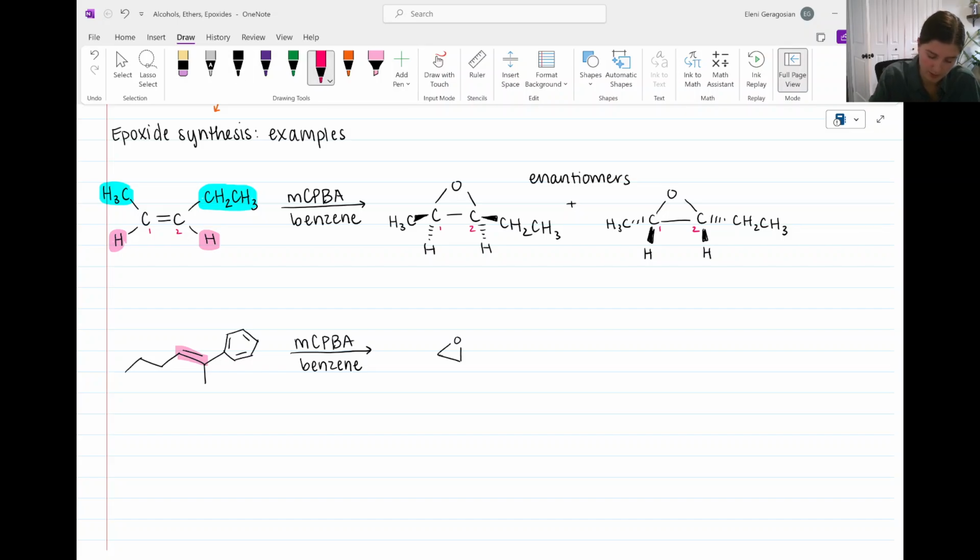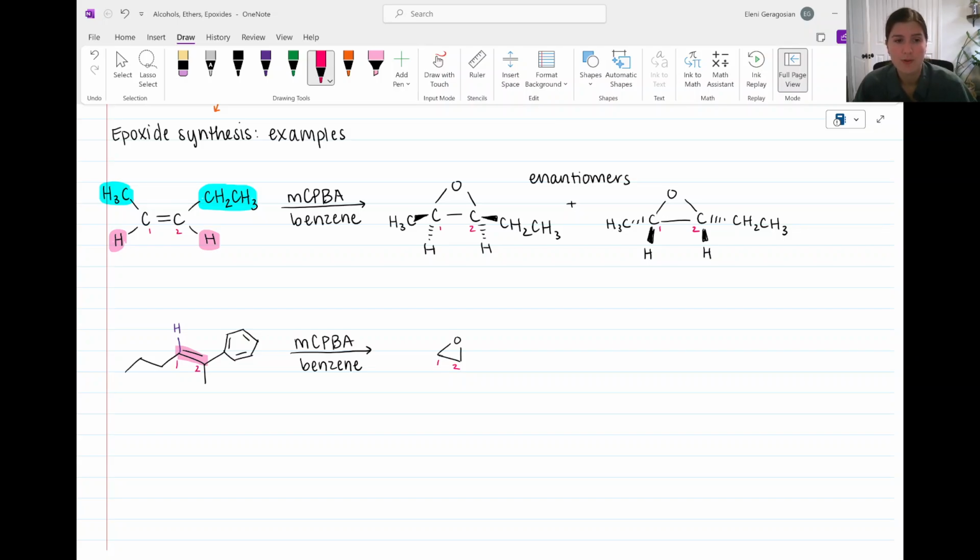And let's number these carbons again. We'll say this is carbon 1 and this is carbon 2. Let's also not forget that we do have a hydrogen on carbon 1. Now those are very rarely shown if we're using skeletal structures, but it's helpful to remember that that's there. So now we have carbon 1 here and carbon 2 here in the product.